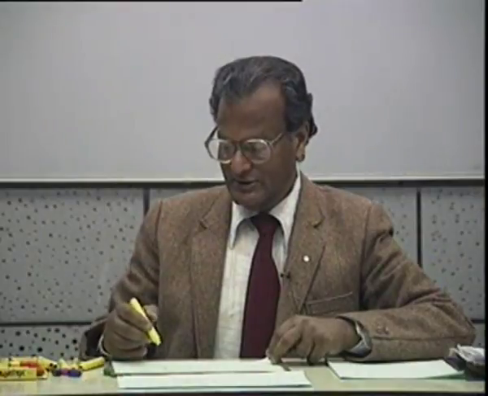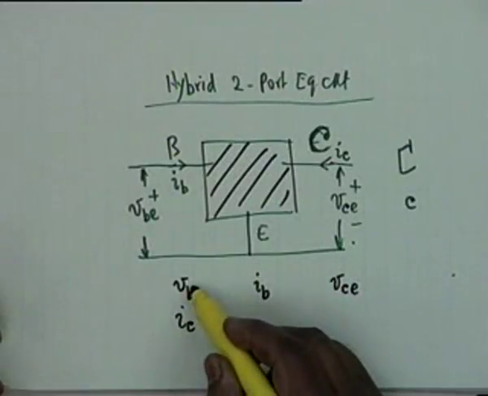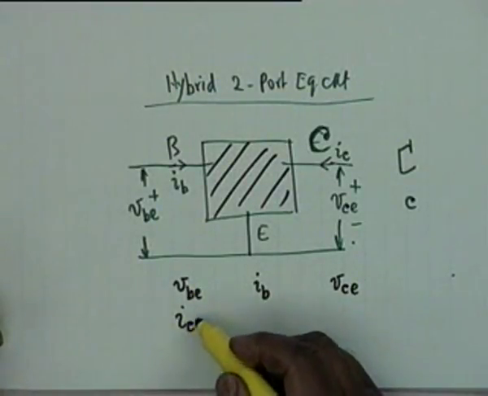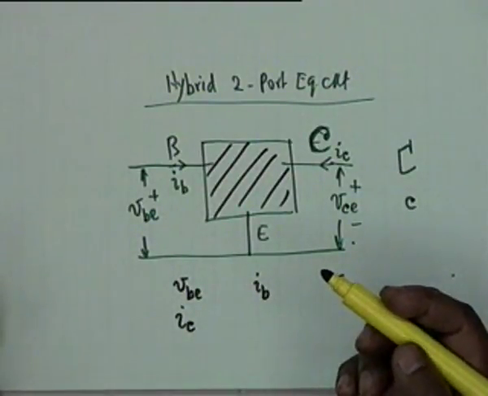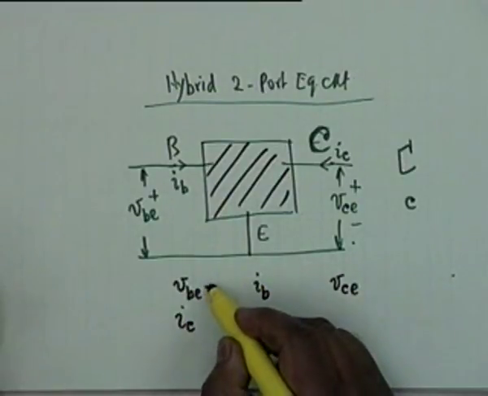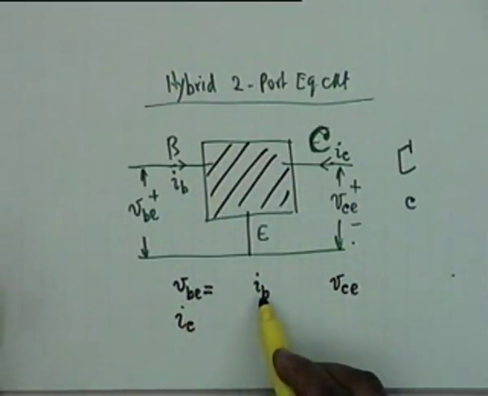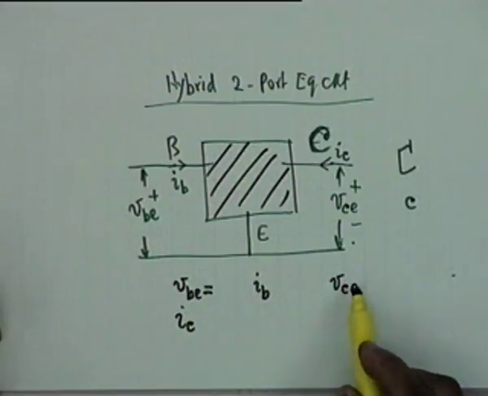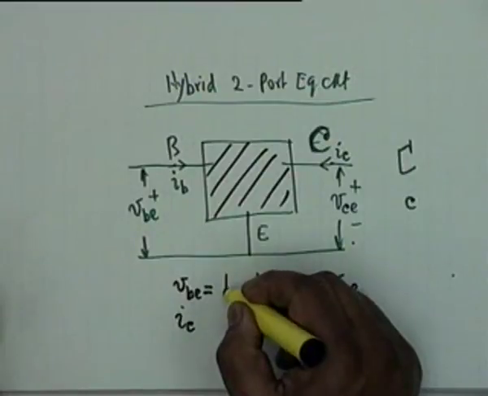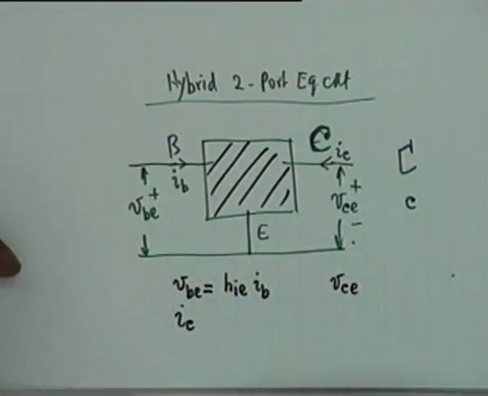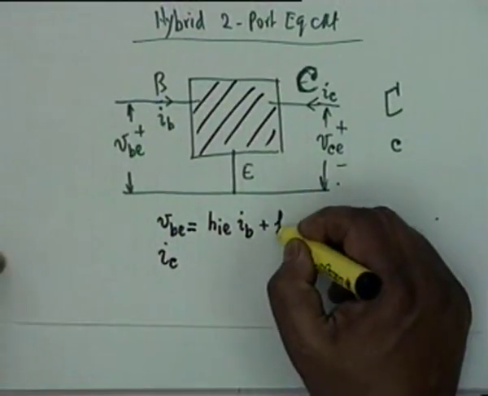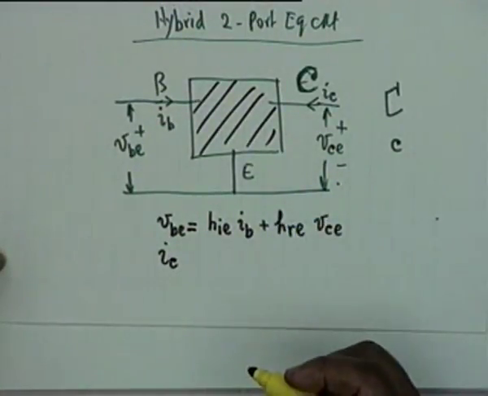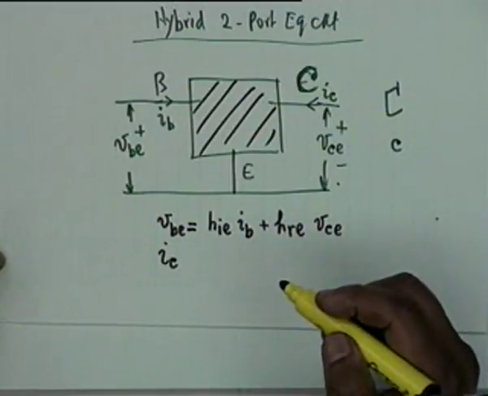Now due to these two sources I measure the responses VBE and IC, and since it is linear, in a linear system superposition holds, therefore the response must be a superposition of these two with appropriate constants, alright, and this constant is written as HIE, okay, these are constants, plus HRE, this constant is written as HRE.